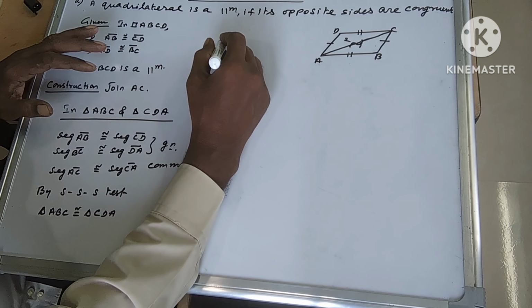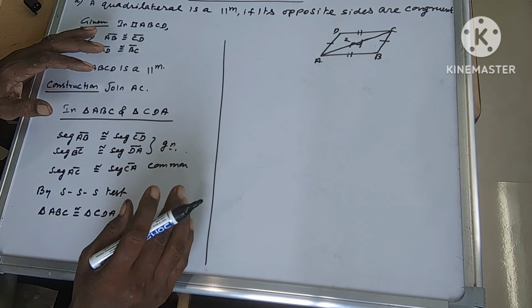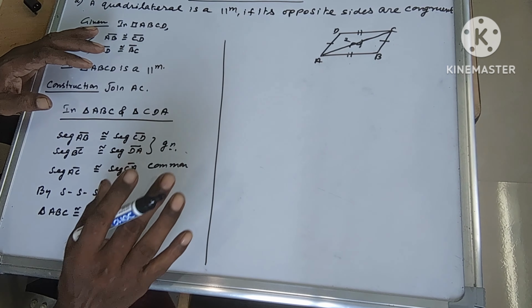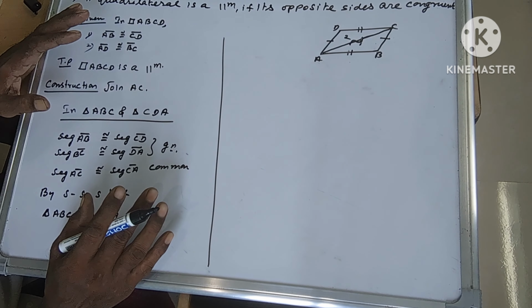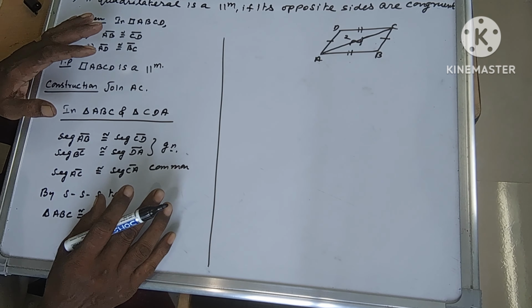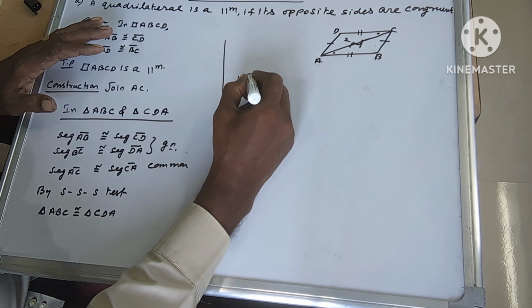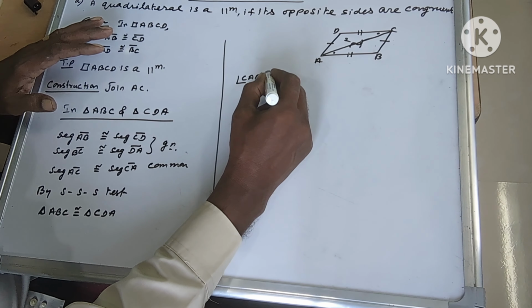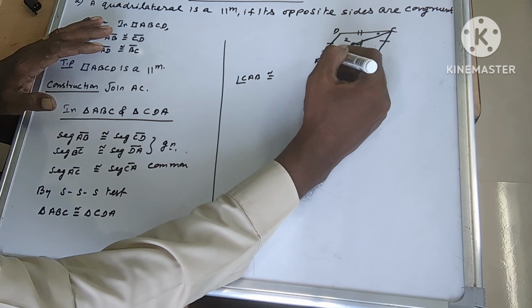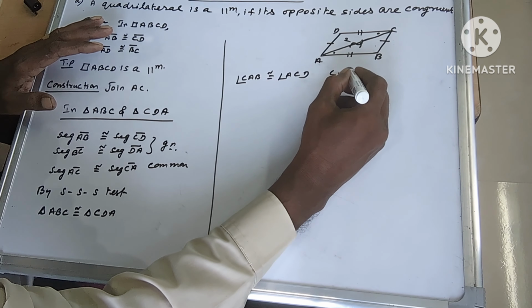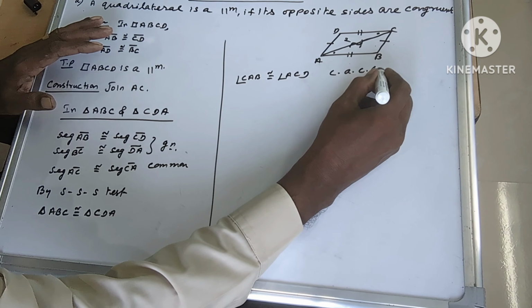After proving this congruence, we find the remaining congruent parts. The three sides are congruent, so no more sides. Now what about the angles? Angle CAB is congruent to angle ACD, as corresponding angles of congruent triangles.